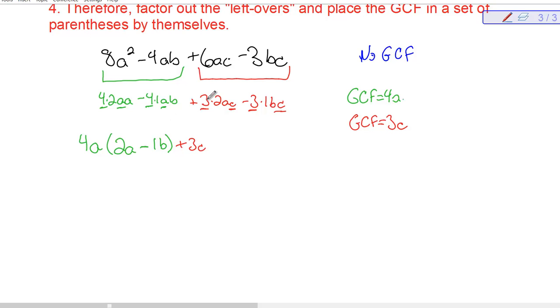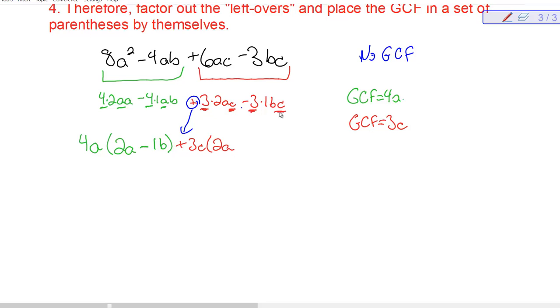Now here's the key. Whatever sign this is right here, that's the sign that you're going to take. Okay, so if it were negative, we would take a negative, which gives us a little bit of problems back here, and we'll do one of those in just a moment. So then I'm going to look at whatever my leftovers are. I took the 3 and I took the c, so that leaves me with a 2a.